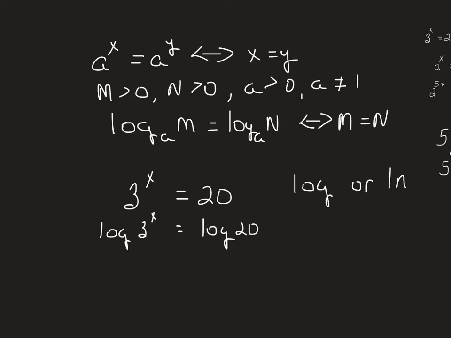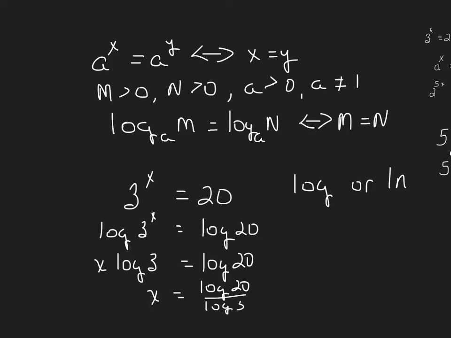And we know from our property of logarithms that we can rewrite this as x times the log of 3 equals the log of 20. And then divide both sides by the log of 3. So x is equal to the log of 20 divided by the log of 3.